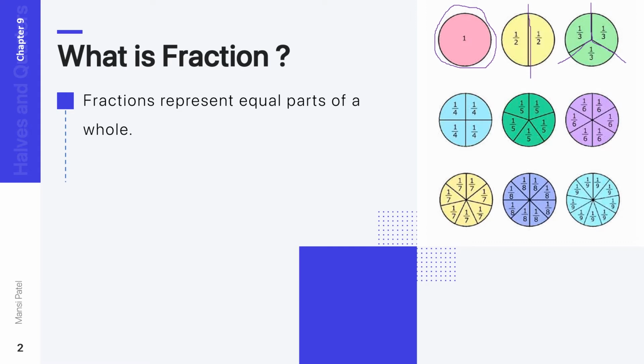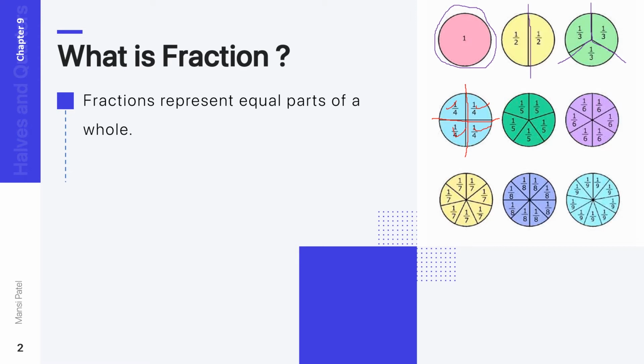And you see in all of these, the whole circle is the same. Now in the fourth figure, you see there are four equal parts of one circle. First part, second part, third part and fourth part.